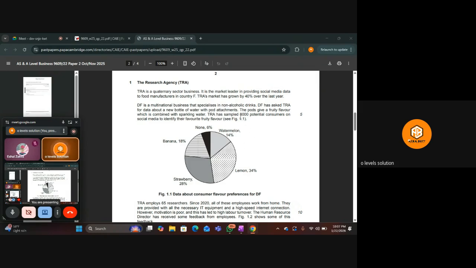And 40% of the consumers said they like the watermelon, and 6% don't like any flavor.